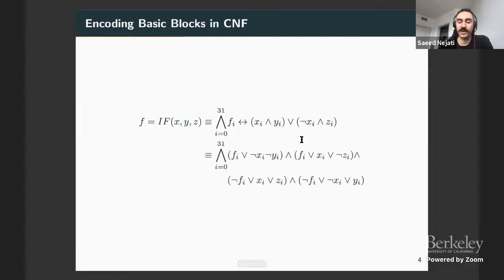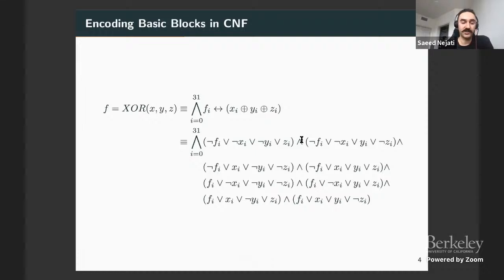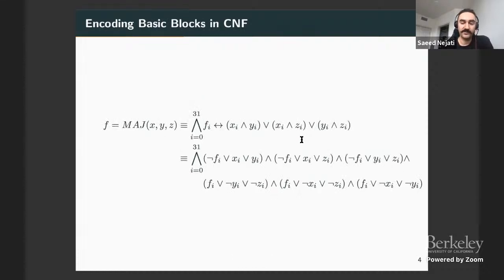And we derive the CNF formulation of this equivalence. Similarly, we could do this for XOR function and majority function and arrive at these CNF formulas and concatenate all of these together to generate formulas for different steps.